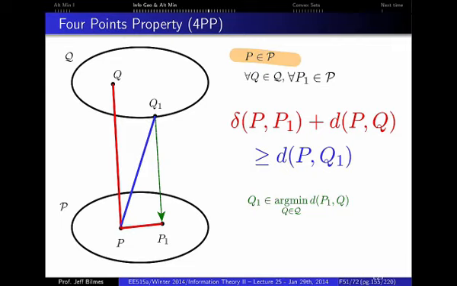So it says, choose a P, which is down here, and then choose any Q, here's the Q guy, and then any P1 in here. So those are the points that we get to choose for free.